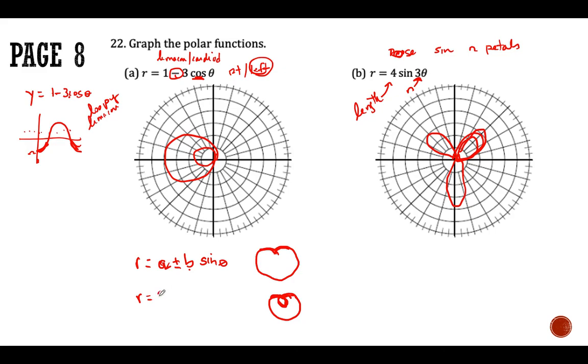r equals a plus or minus b cosine theta are cardioids that look like that, or it's a limacon if it touches the pole, or a loopy limacon.